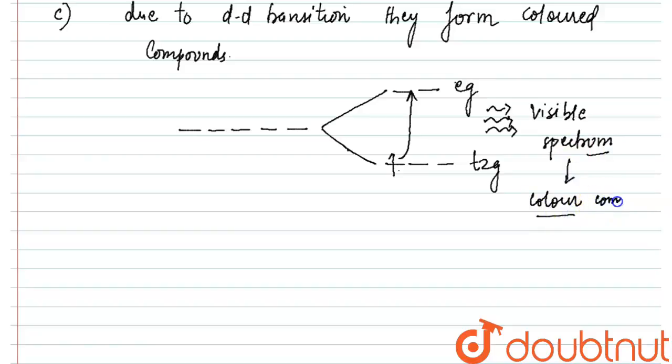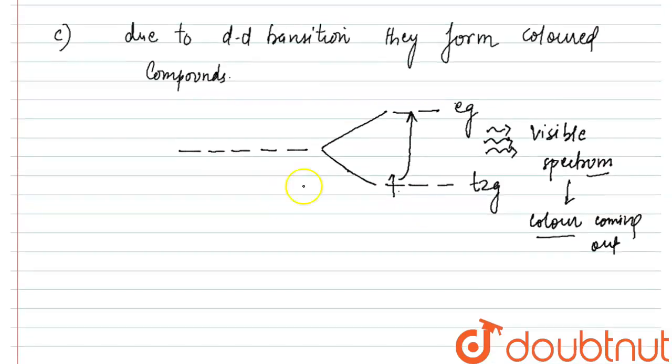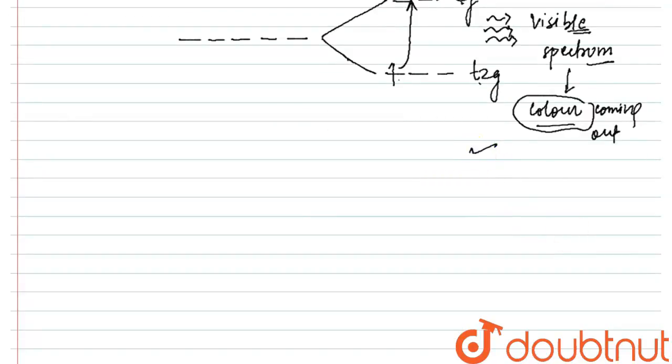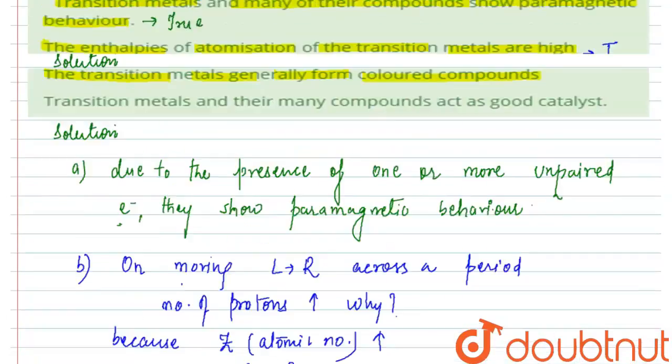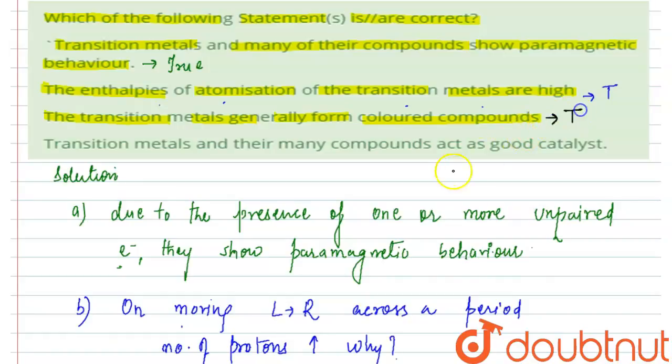So in the case of d-block elements, the transition elements, we see unpaired electrons, and there is d-d transition from t2g to eg, and this transition gives us a visible spectrum in colored form. Due to this reason, the compounds of transition elements generally have some sort of color. So this is how we can explain this, and this statement also holds true.